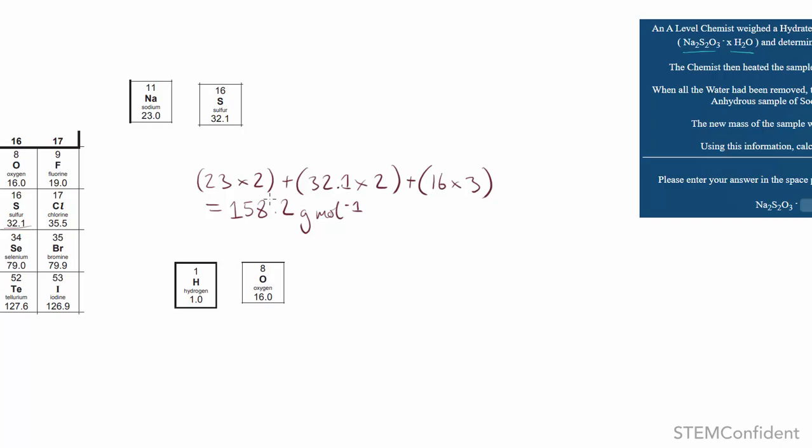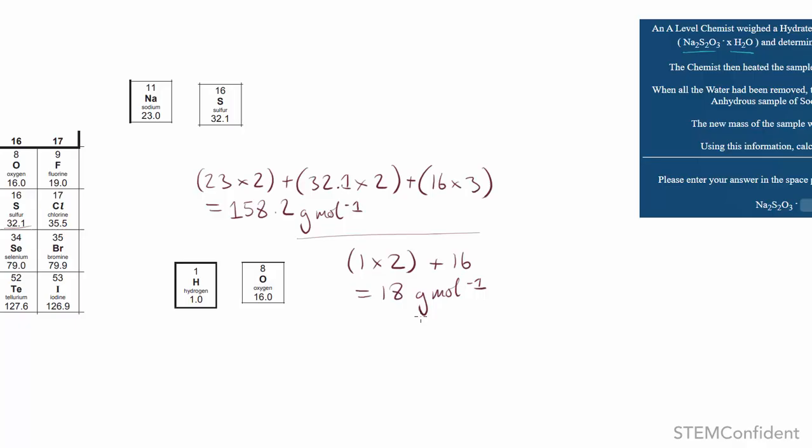So for H2O, it's going to be 1 times 2, right, for the H2, plus 16. So that's going to be equal to 18, right? And again, that's going to be in units of grams per mole, right?